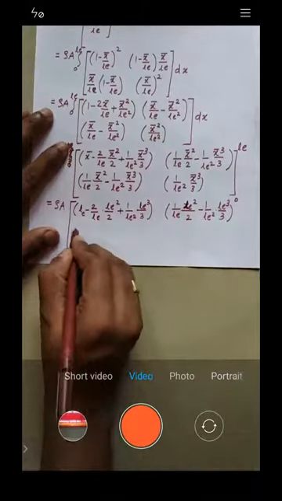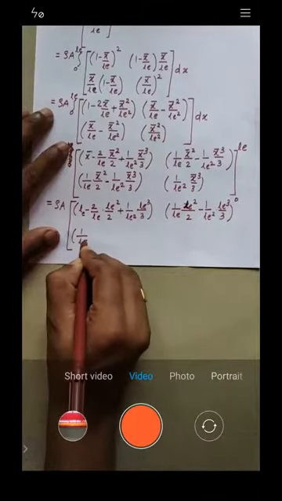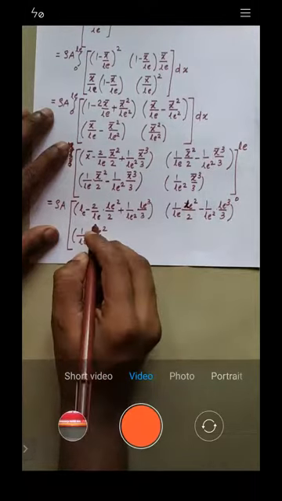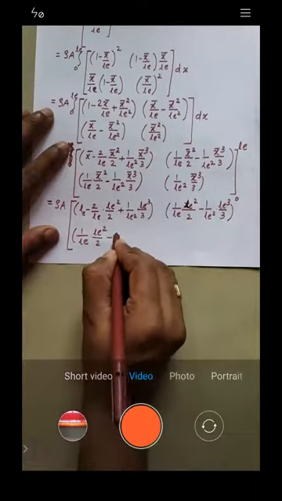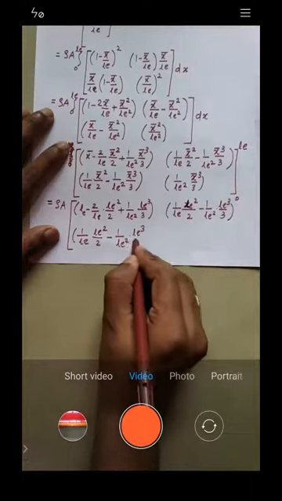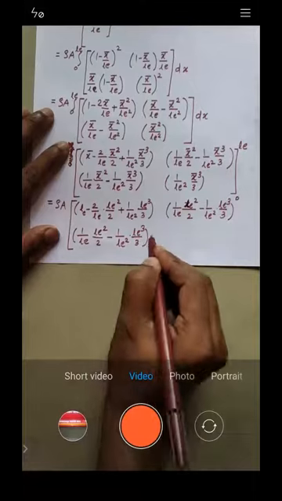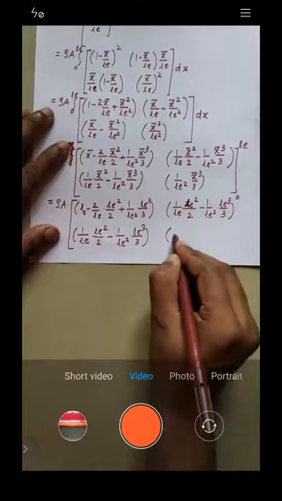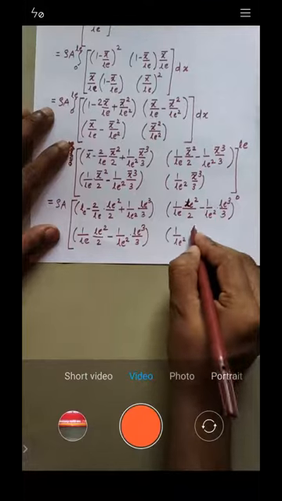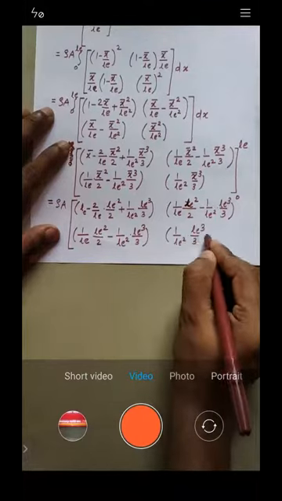Next, here 1 by LE, LE square by 2 minus 1 by LE square, LE cube by 3. Next here, 1 by LE square, LE cube by 3.